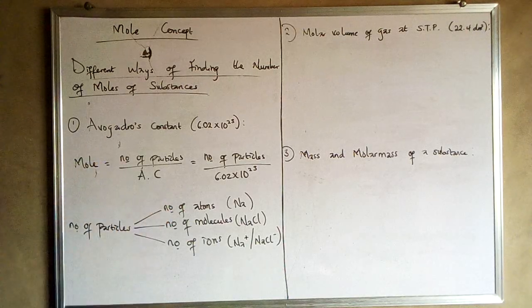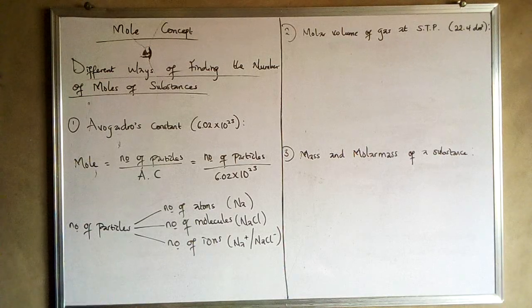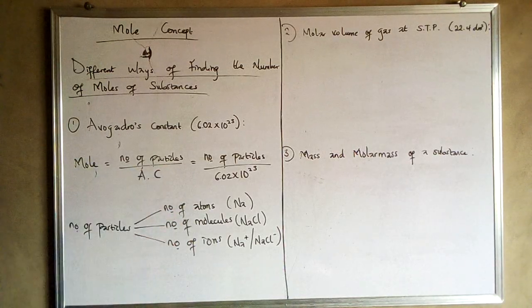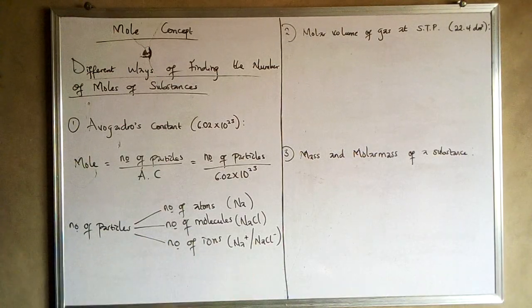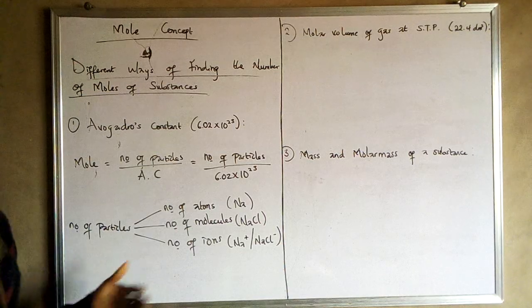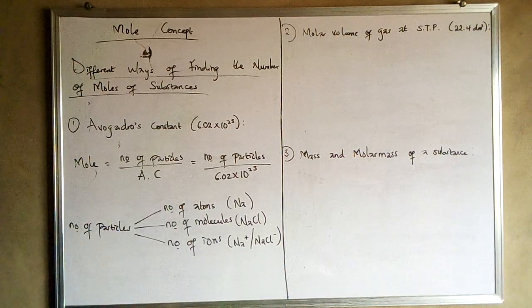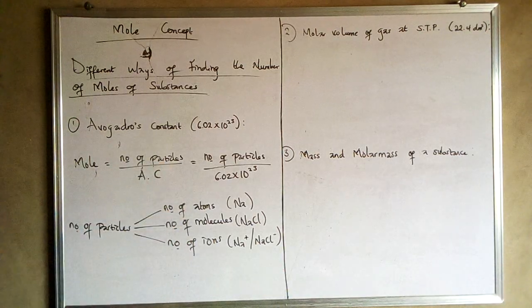If it is involving molecules, that is a group of elements combined together, we replace number of particles with number of molecules. And if it is involving ions possessing charge, it could be an element or a compound possessing a charge, we replace number of particles with number of ions. These are the three main particles: atom, molecules, and ion.